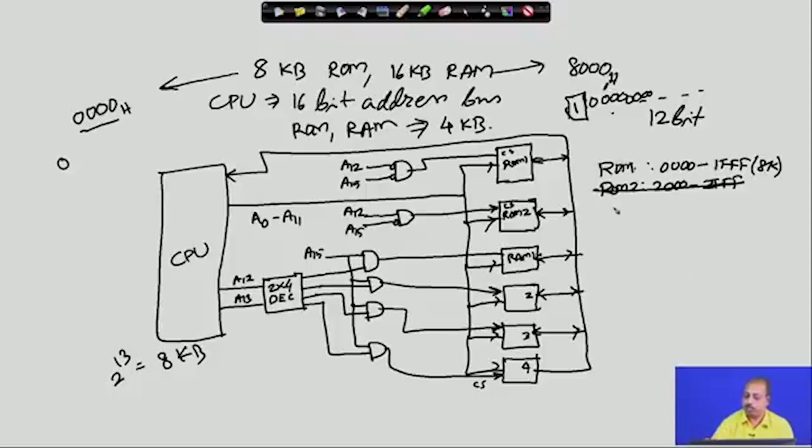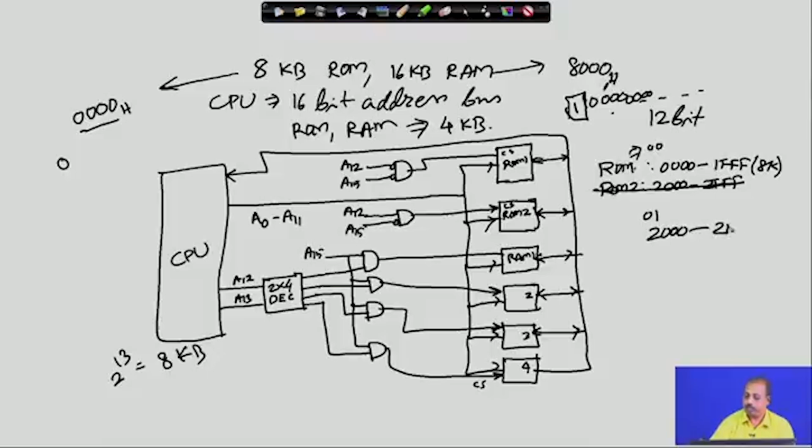If you come to the next address space, the lines A13 and A14 were not taken in this diagram, so A13 A14 remains 00. Now, if A13 A14 gets the value 0 1, then you get the address range 2000 to 2FFF.